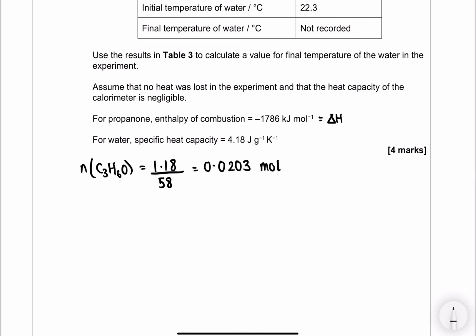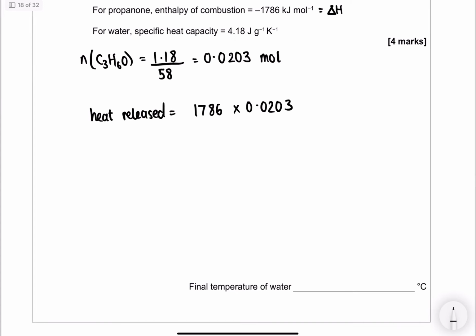If we want to find the heat released by that propanone, we take the 1,786 kilojoules per mole and multiply it by our 0.0203 moles. That's how many moles we had. We see that we released 36.3 kilojoules.